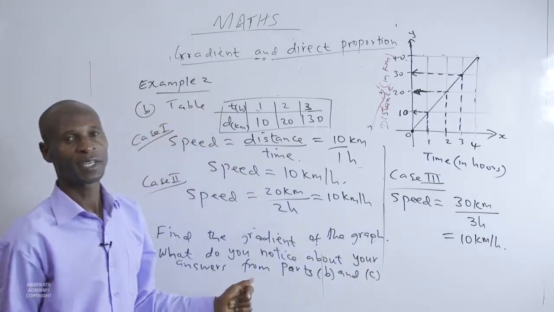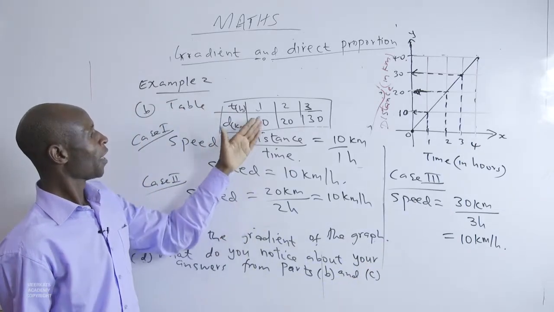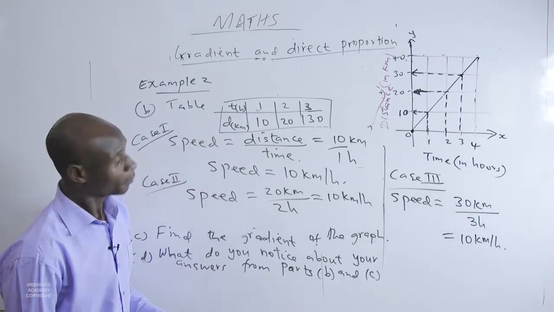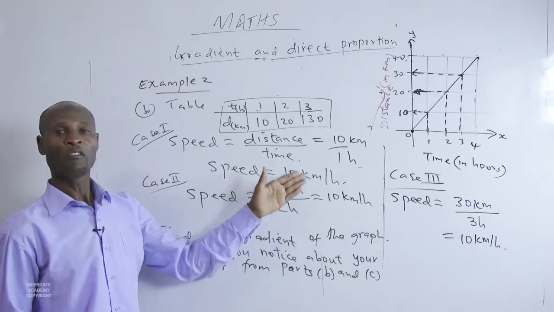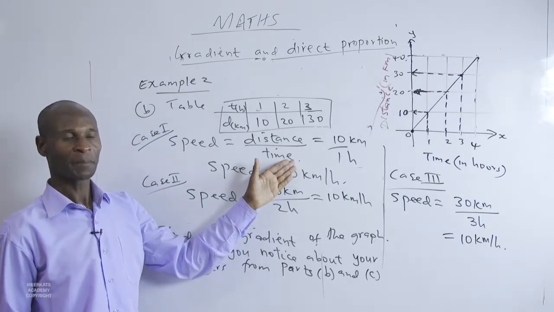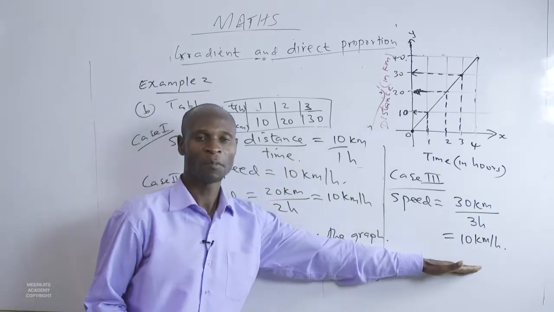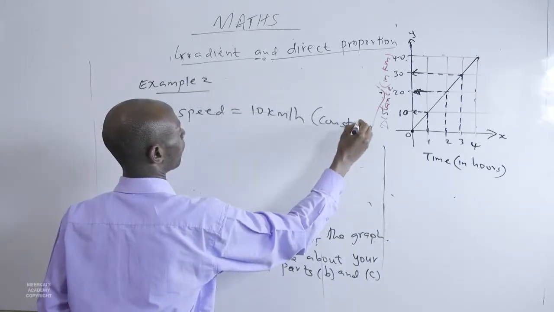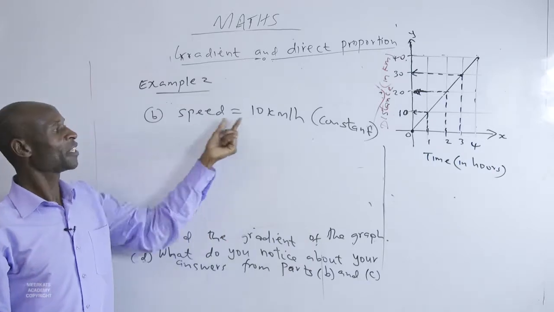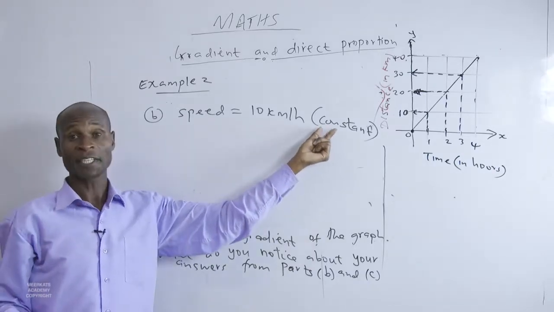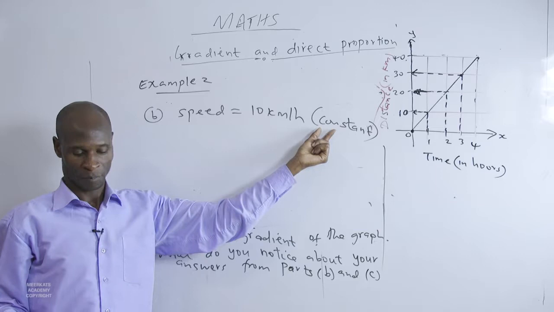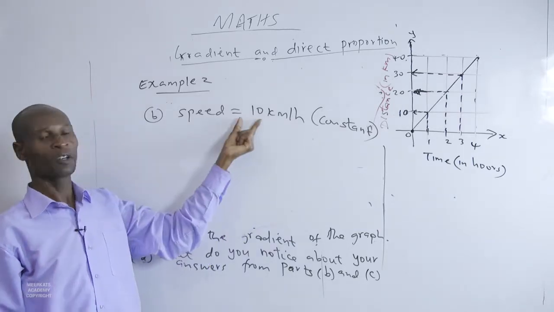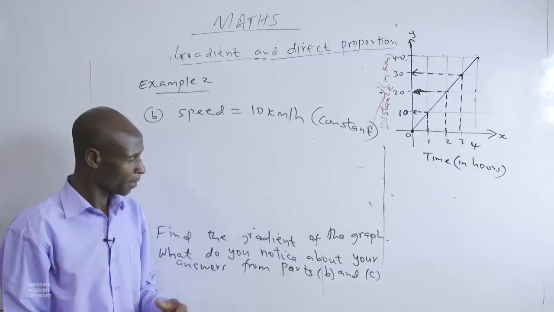So that means that particular bike was moving at a constant speed of 10 kilometers per hour. So the speed is 10 kilometers per hour, which is constant. So the rate of change of distance over time is 10 kilometers per hour.